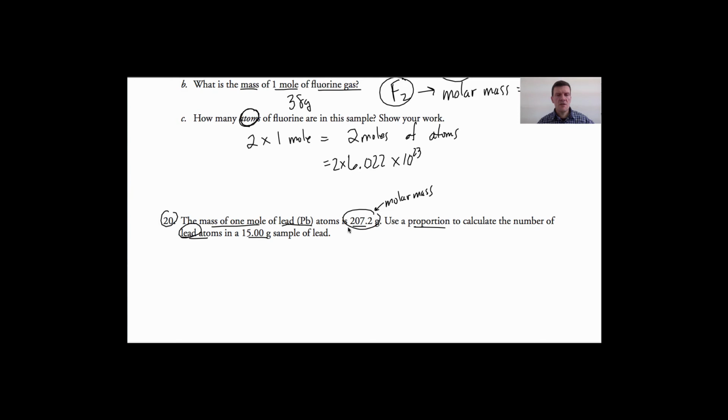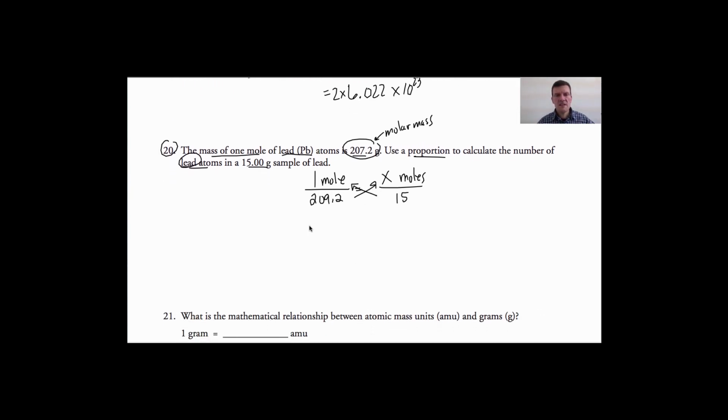So, all you're going to do is say, if 1 mole has a mass of 207.2, then how many moles is going to have a mass of 15? And you're just going to cross multiply and divide.